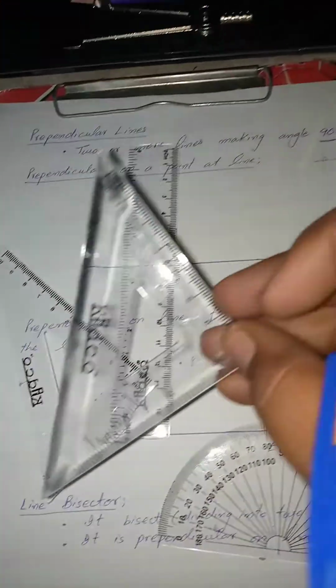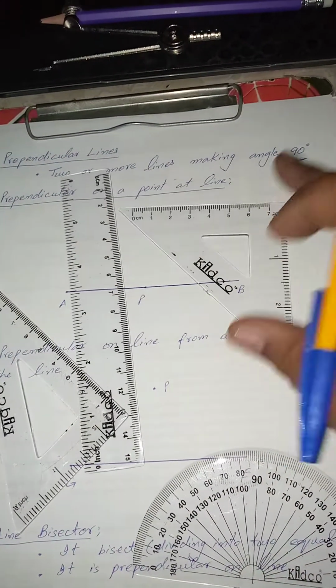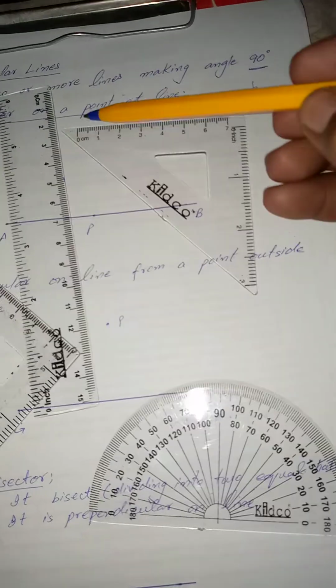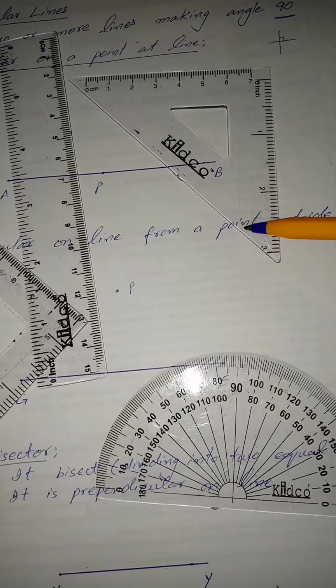Okay, the material we need for this is a set square. These are two set squares. This is also a set square. This angle is 90 degrees, and this is 45 and this is also a 45 degree angle.